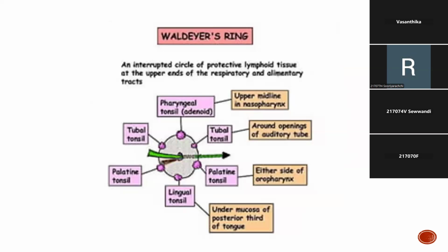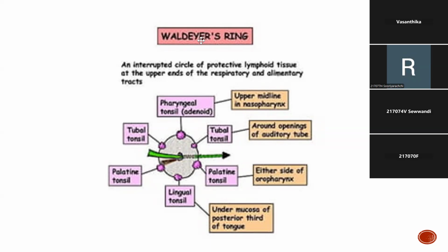The important thing here is Waldeyer's ring, the collection of lymphoid tissue that has the pharyngeal tonsils, palatine tonsils, tubal tonsils, lingual tonsils. What we see in the nasopharynx are called pharyngeal tonsils. They are called the adenoids as well.